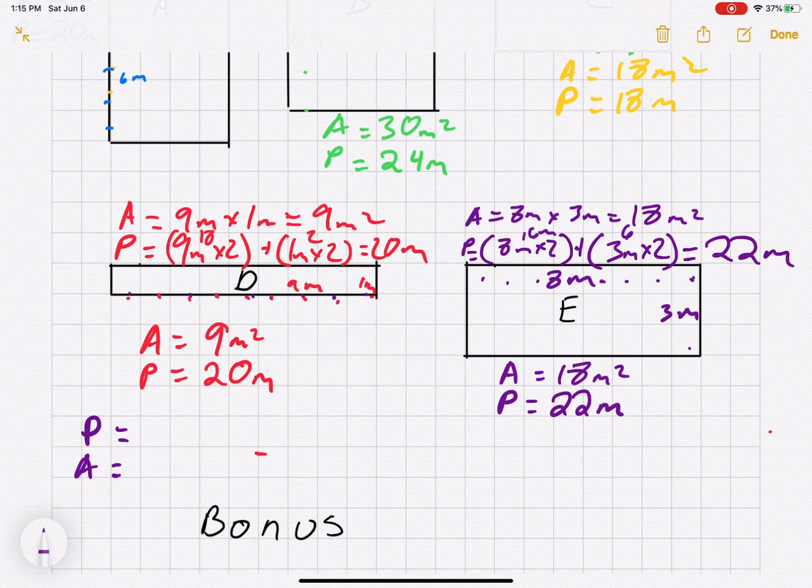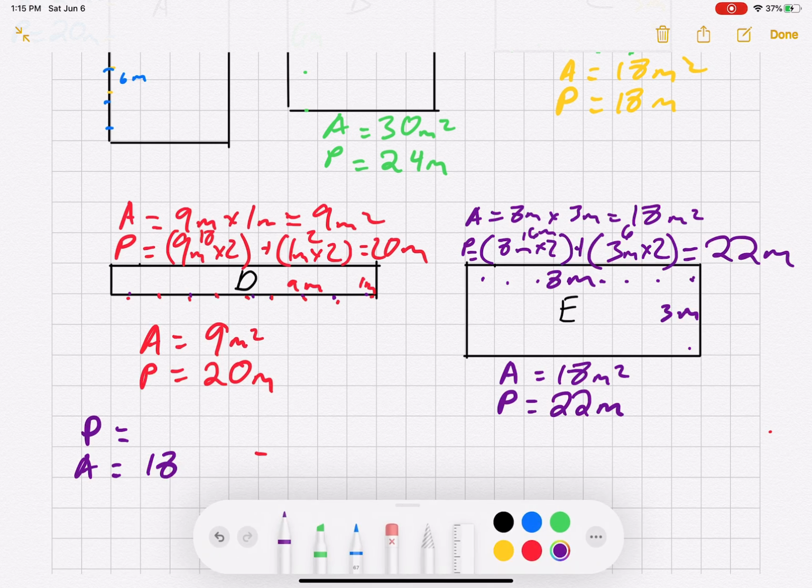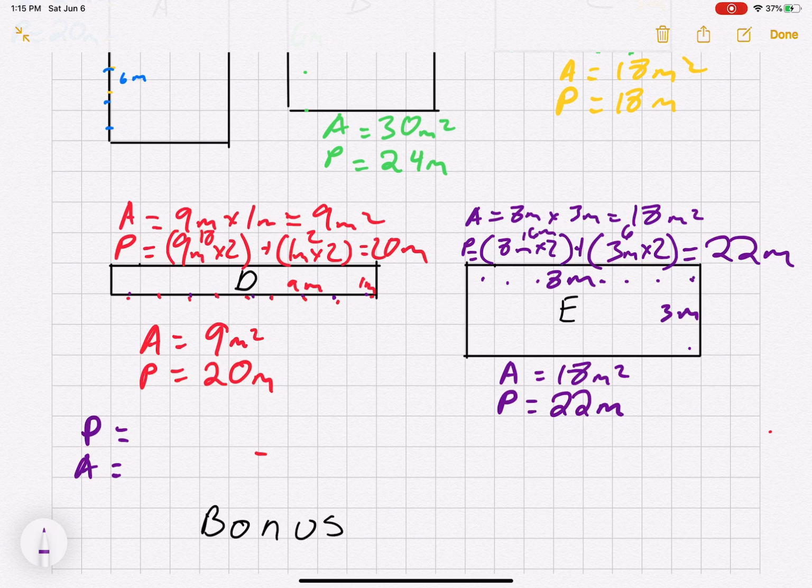Okay, so the perimeter is going to go as follows. From the least to the greatest is 18. Oh, I'm doing the wrong one. I'm doing D. All right, the perimeter is going to be 18 meters, okay?